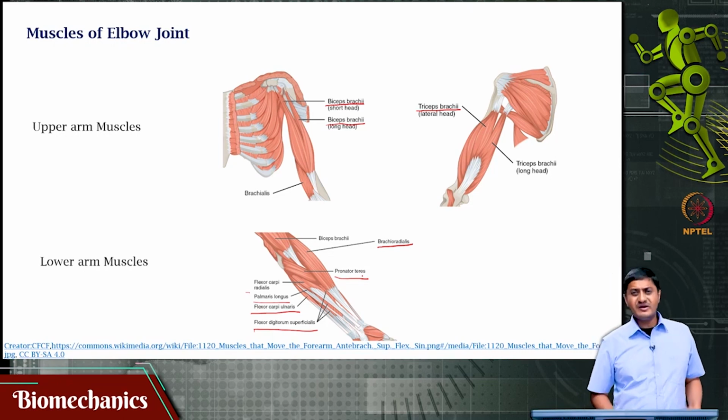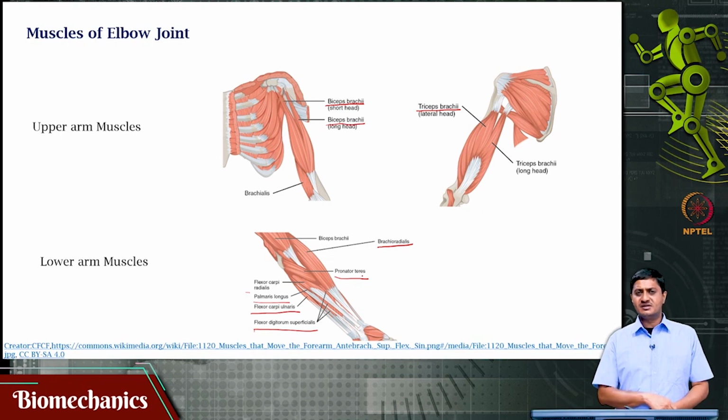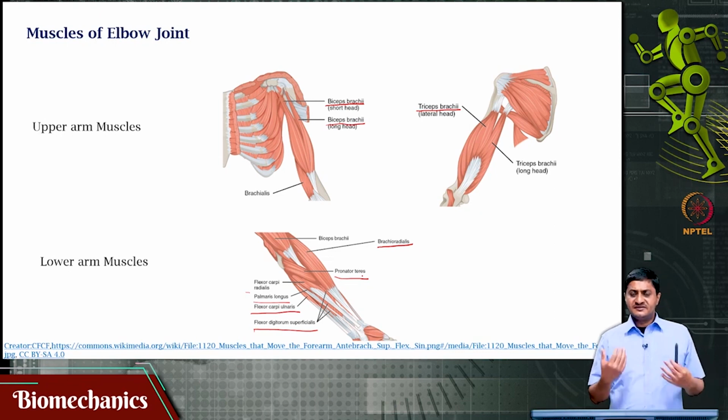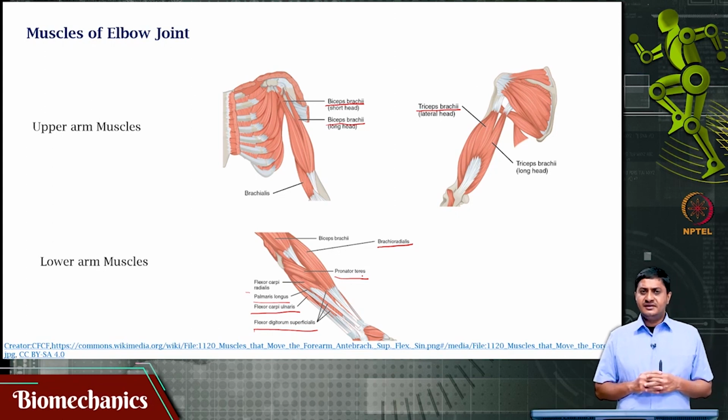We will not be looking at the origin, insertion and action of all these muscles, we will take the most prominent muscles among these and discuss their origin, insertion and action at some level of detail.